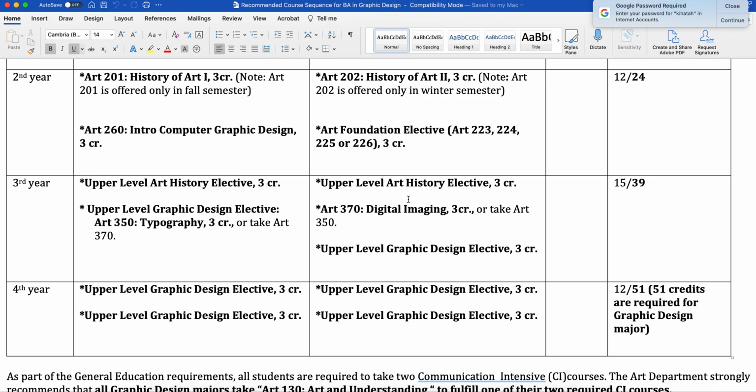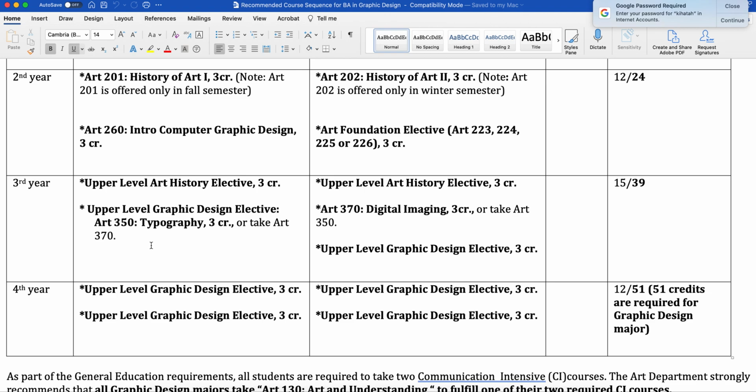Then 370 is one of the electives for upper level graphic design courses. But since 370 deals with Photoshop, we highly recommend it for all of you to take if you just came recently. If you came a couple years ago, or more than that, 3, 4 years ago, then 370 is required.